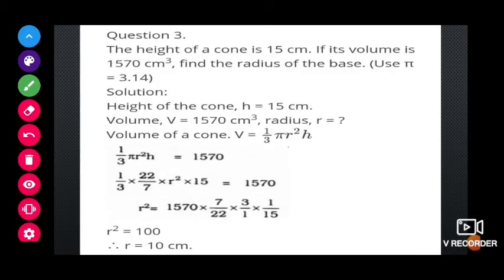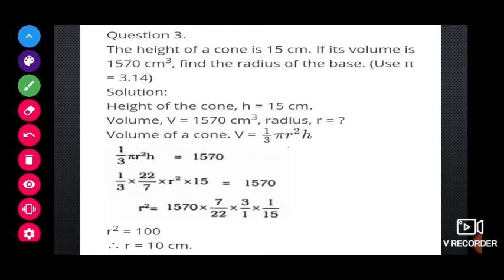Next, question number 3. The height of the cone is 15 centimeter. If its volume is 1570 centimeter cube, find the radius of the base. Pi is equal to 3.14, we have to use. Here, children, they have given the volume and they have given the height also. Now we have to find the radius. Very easy, no?